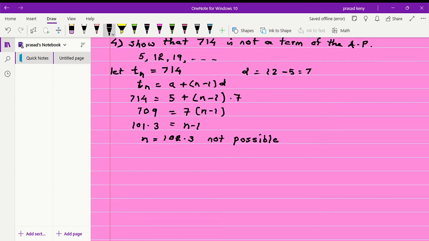And what does that mean? That means 714 is not a term of the given AP.